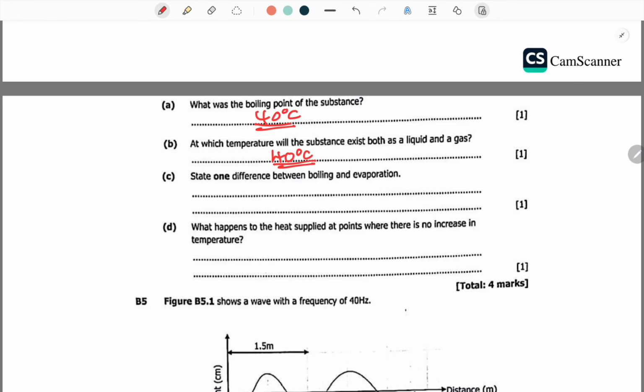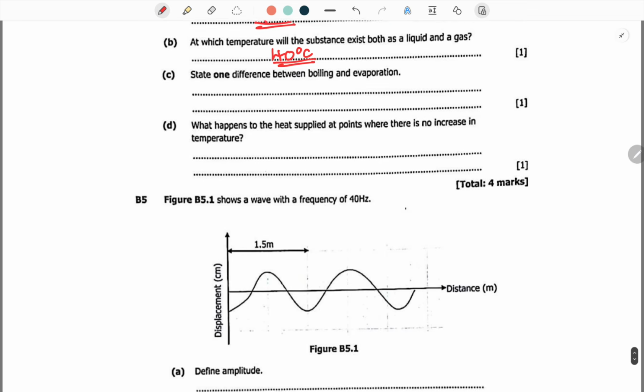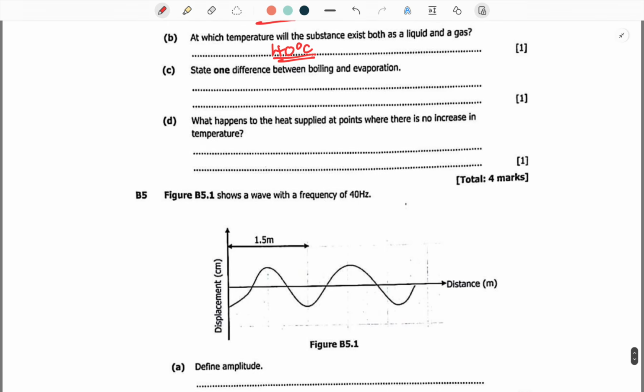State one difference between boiling and evaporation. So there's a difference between boiling and evaporation. Okay? Boiling occurs within the entire container.